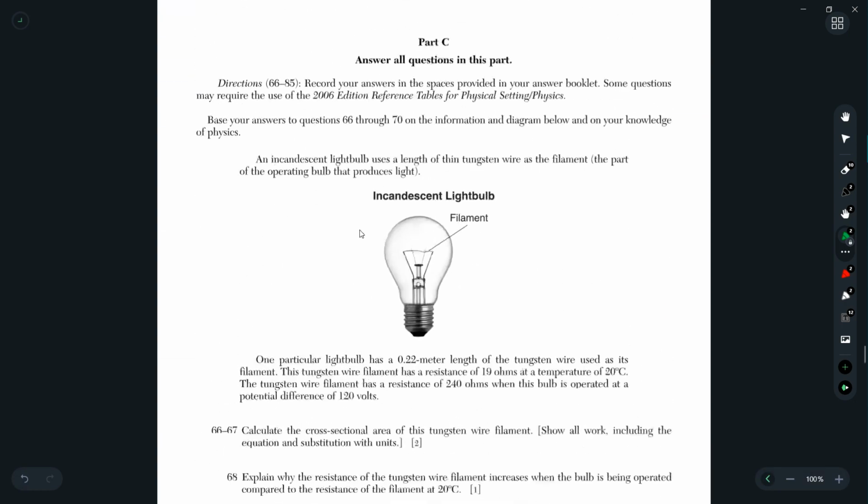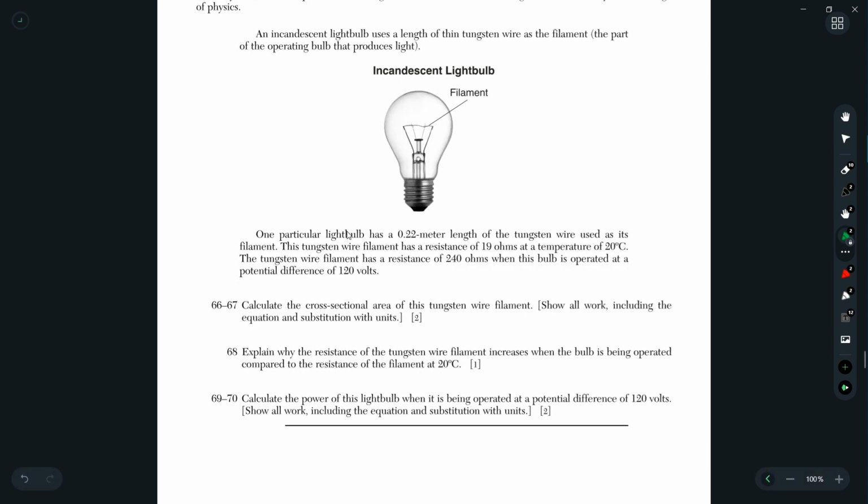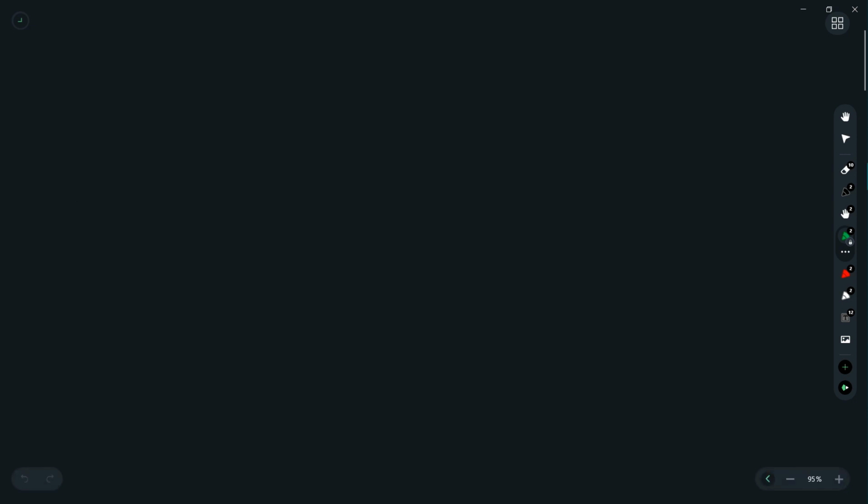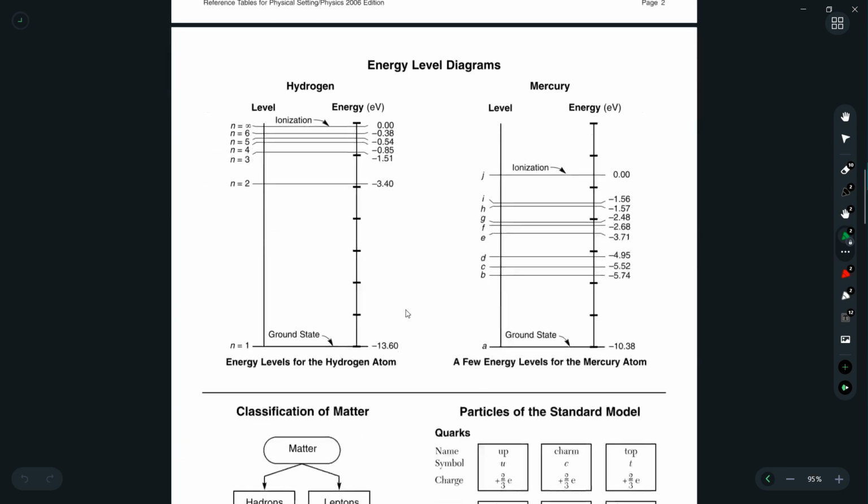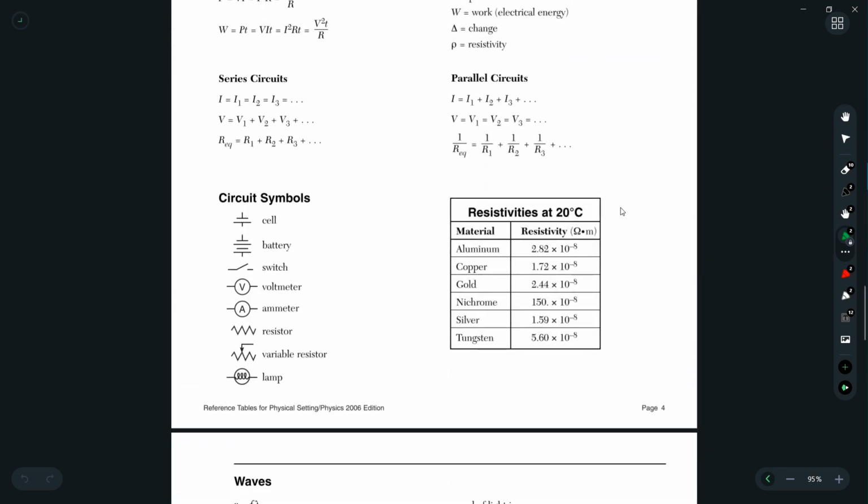Part C, nearing the end. 66, 67. It's a two-part question. Again, show all your work. Okay, so, cross-sectional area. It operates at 20 degrees Celsius, and that is important because the resistivities only work at 20 degrees Celsius.